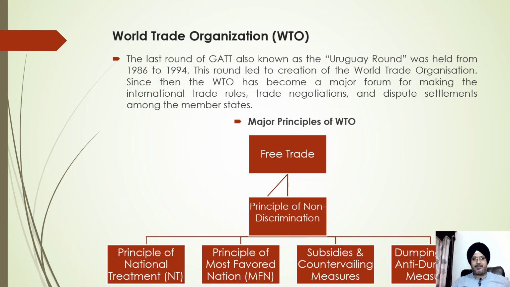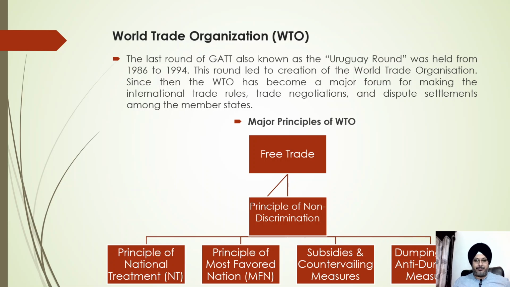Now, what are the major principles of the WTO? WTO has three major principles besides two other important aspects. The first principle of WTO is the principle of non-discrimination, meaning thereby all the member states of the WTO will do trade with each other without any kind of discrimination against each other. The second is the principle of national treatment.